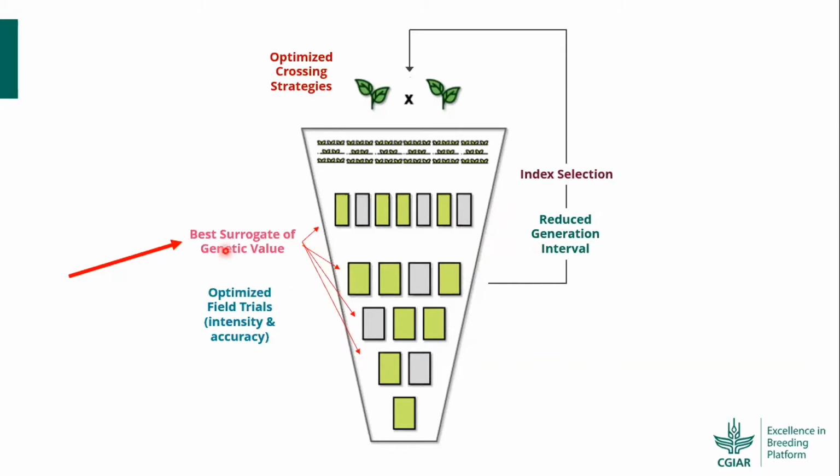But when we are talking about using genomic prediction just for accuracy, we're going to focus not on the fancy stuff of genomic prediction. Normally, the first step for making sure that you adopt genomic prediction is to just use a better surrogate of genetic value.